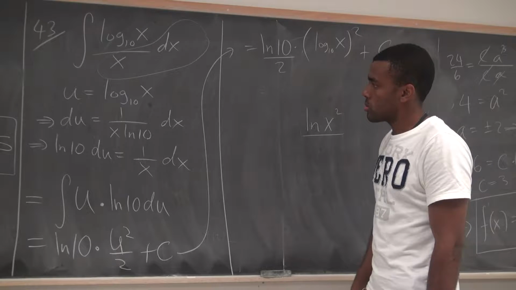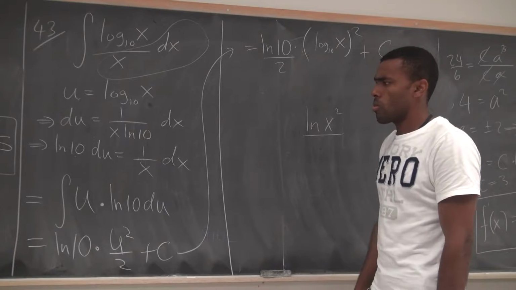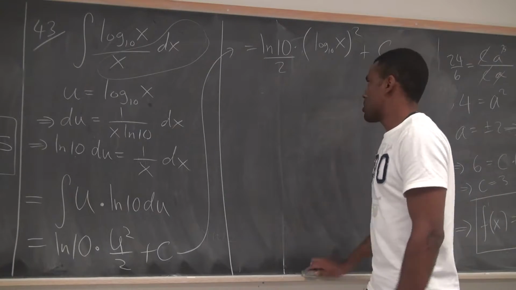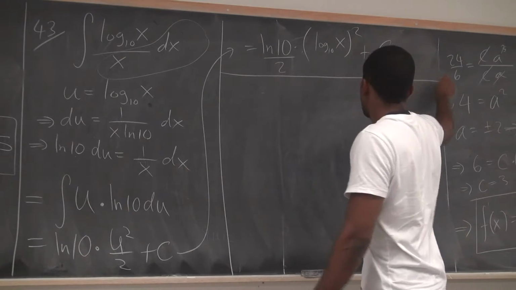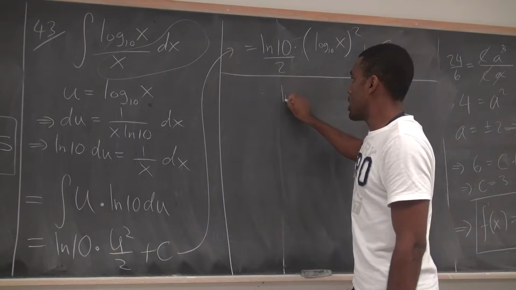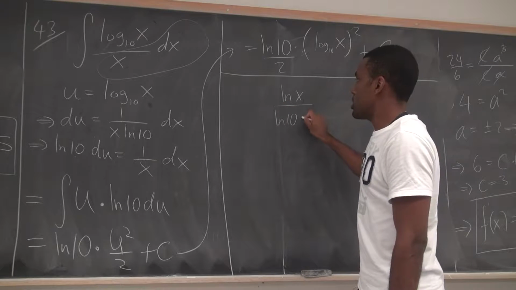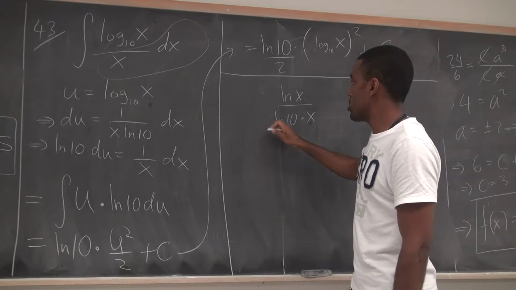So we could use the change of base. Yeah. They changed log base 10 of x to ln x over ln 10. So if we write this as ln x over ln 10 times x, that's what you mean? Yeah.